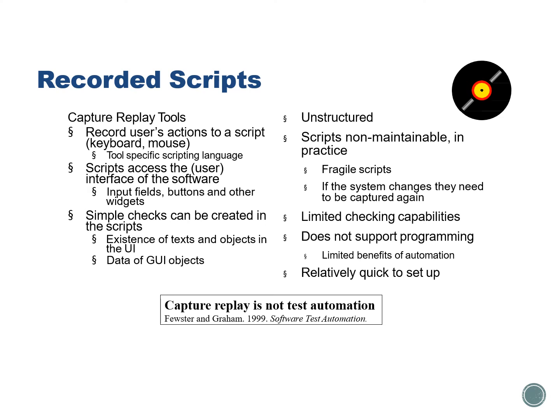The capture replay tools or recorded scripts more or less were the first level or first evolution of test automation. It's fairly simple. We have a tool which captures what we want to do in the real software when the simulation is running, and it's capable of starting the software, putting inputs, reading outputs, taking screen captures, comparing results, and stuff like that.